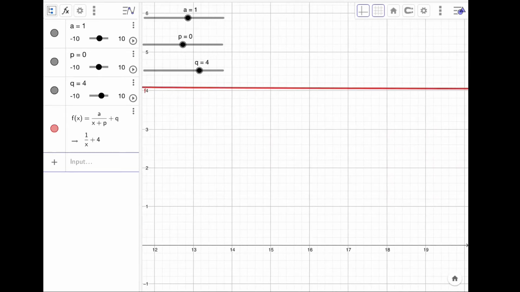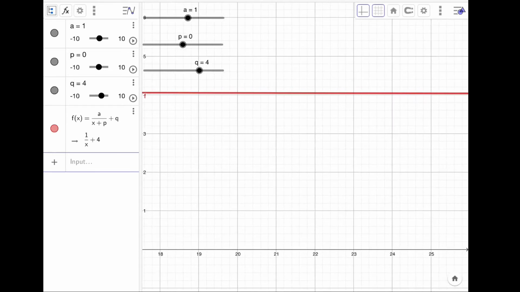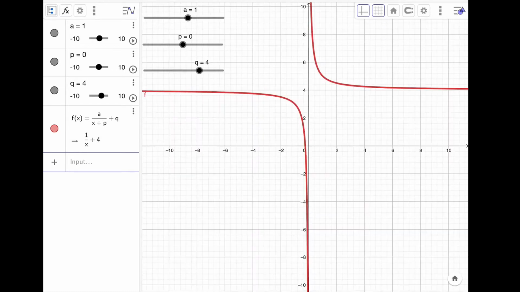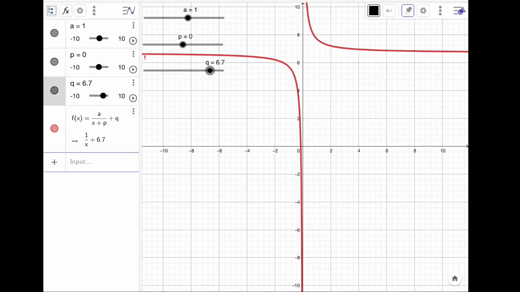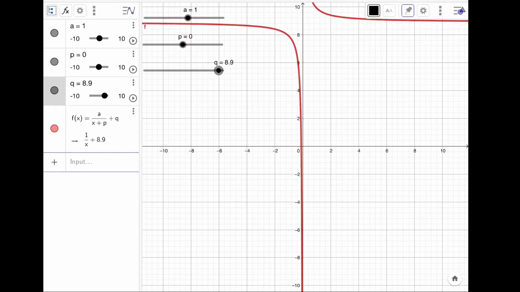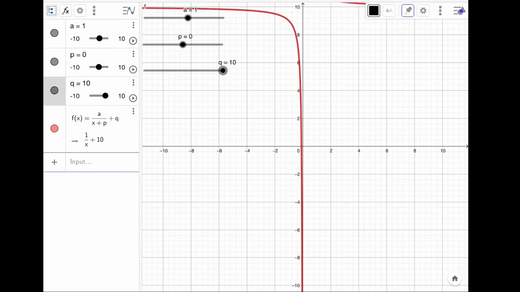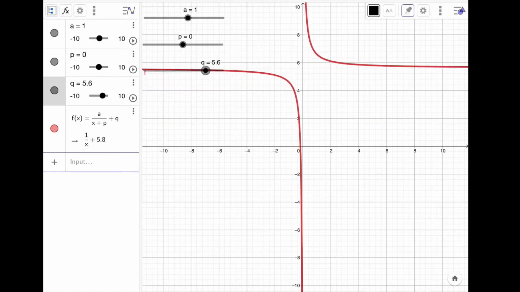Then I carry on over here, and it's getting closer and closer to 4. I can move that all the way up to 10, and notice it goes all the way up. We almost lose our graph. If we've got positive q-values, notice it's changing in my formula now. I'm at q is equal to 5.6, and in my formula, I've got 1 over x plus 5.6.